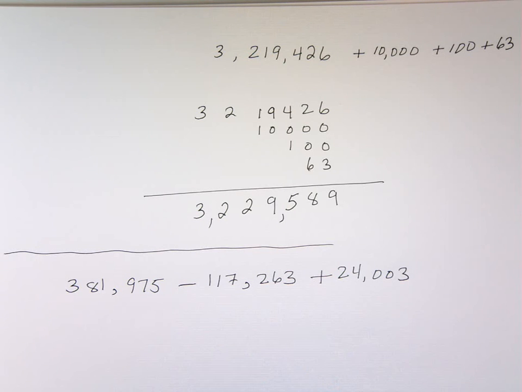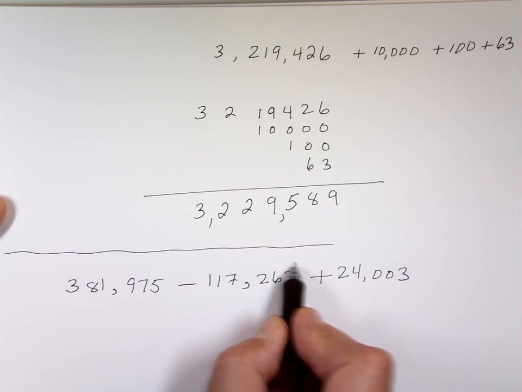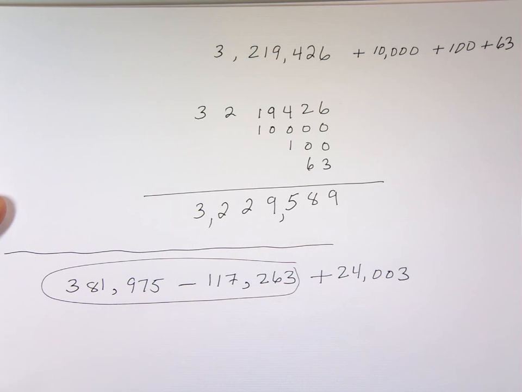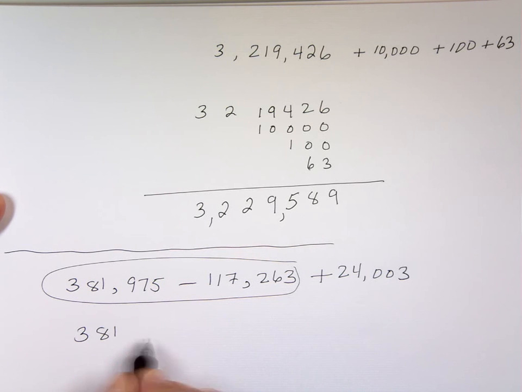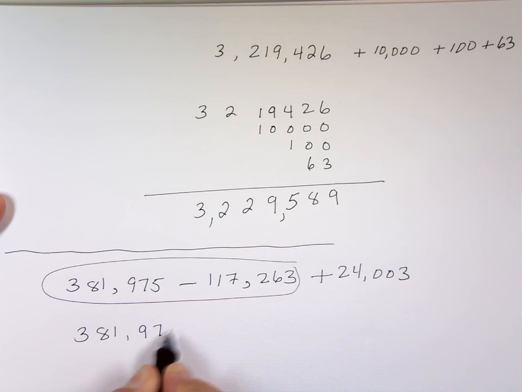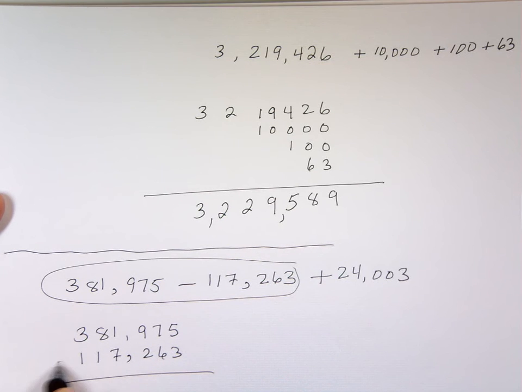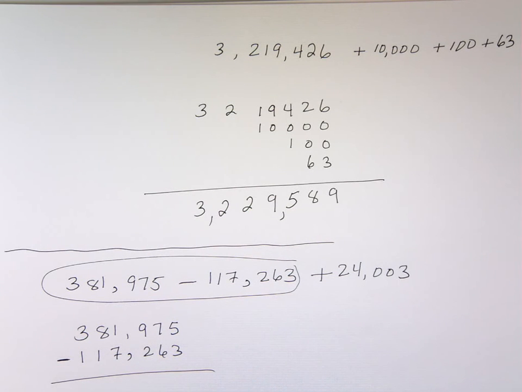Well, let me find the answer to this first and see what that number is equal to. Let's subtract. Don't worry about the addition there. Let me just find the new balance first.